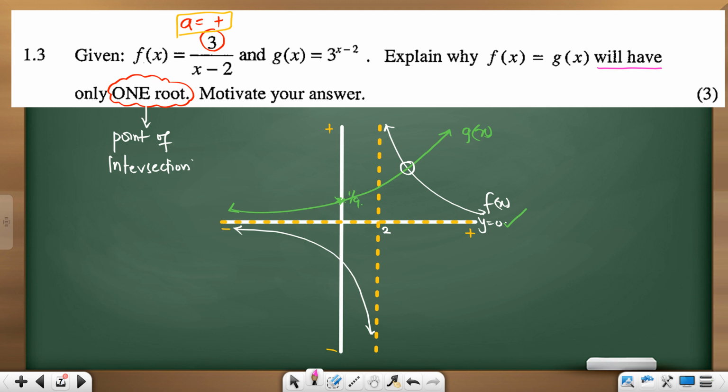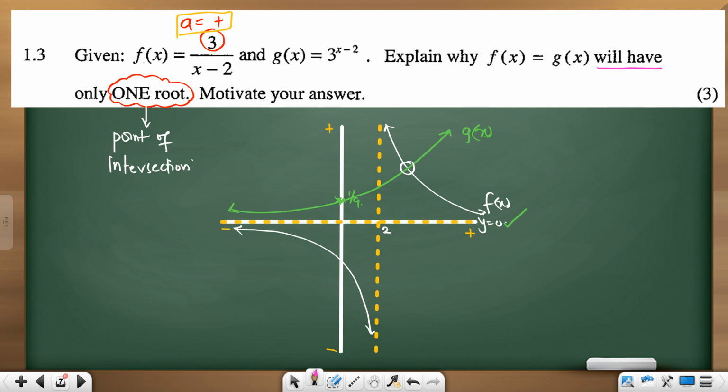Okay, Alima, I should re-explain. All I did was to sketch graphs. The first thing I noticed is my f of x is a hyperbola, right? And all we did was to sketch that hyperbola. To sketch a hyperbola, what do we need?